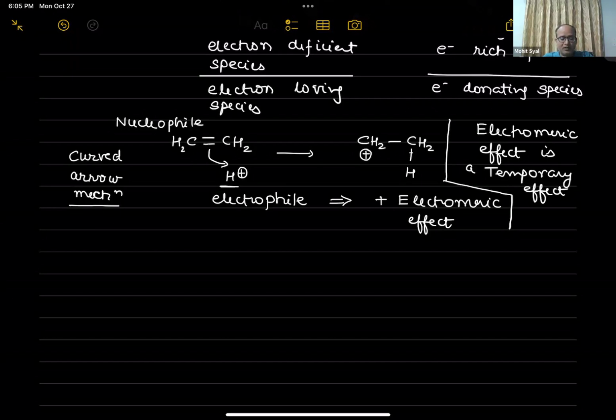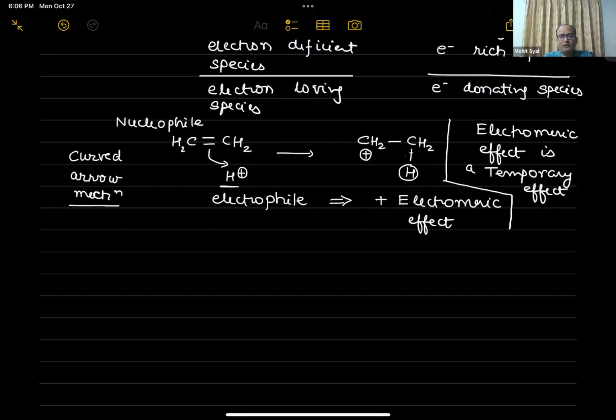This is the positive electromeric effect. Electrophiles exert the positive electromeric effect, only in the presence of some external H plus. Suppose this H plus is removed, what will happen? If H plus is removed, these electrons will get back to their original place. So this is a temporary effect, the electromeric effect, and electrophiles exert the positive electromeric effect.